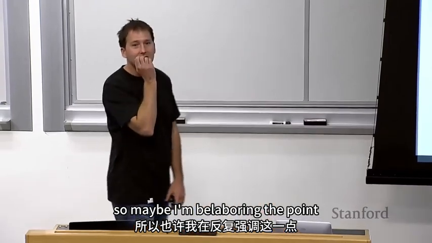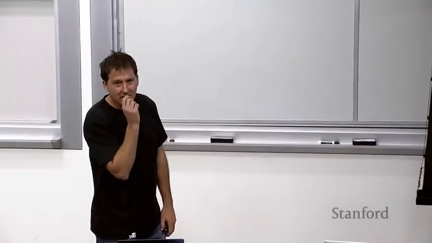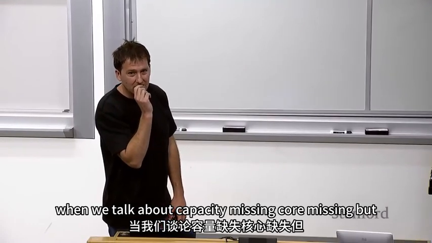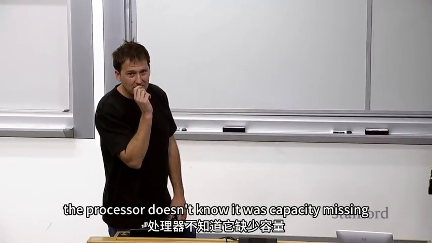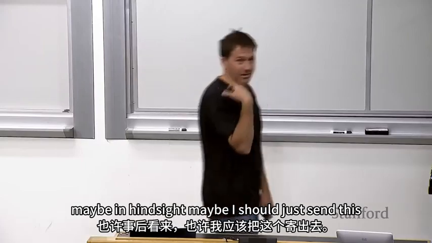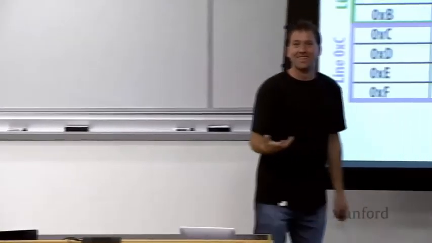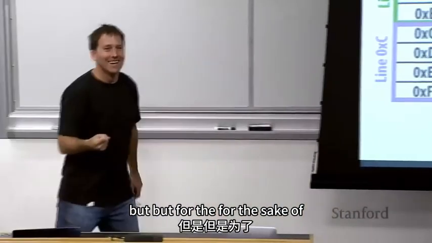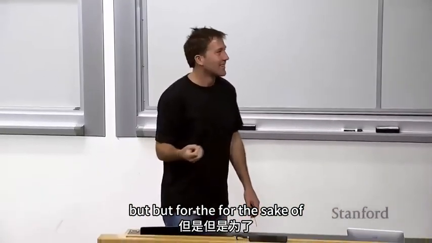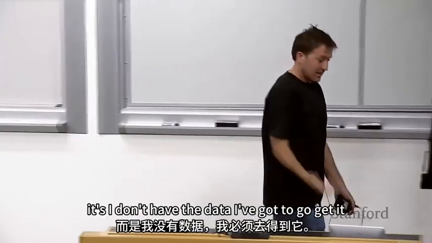Maybe I'm belaboring the point, but when we talk about capacity miss and conflict miss, the processor doesn't know it was a capacity miss. Doesn't matter. Maybe in hindsight I should have just said miss. For the sake of the class, it's a miss. Either way, I don't have the data.